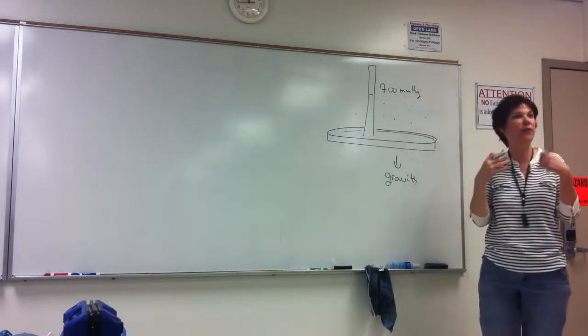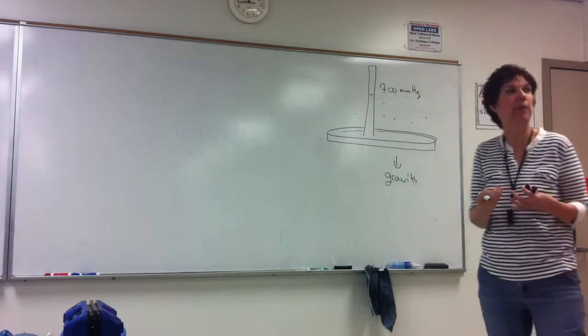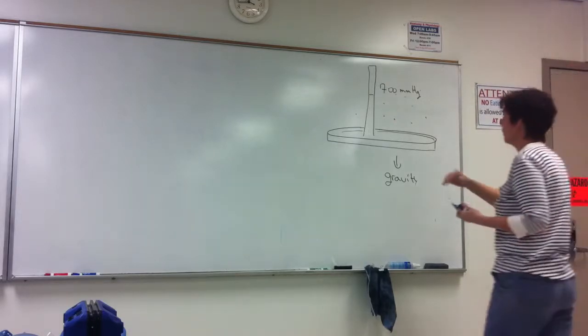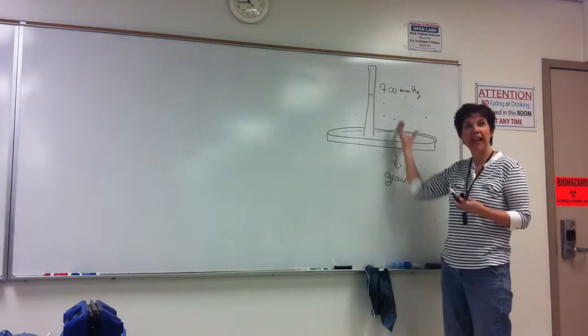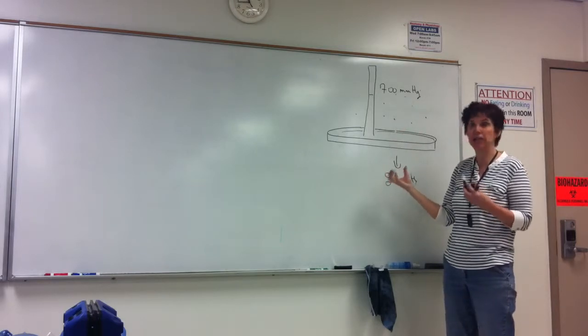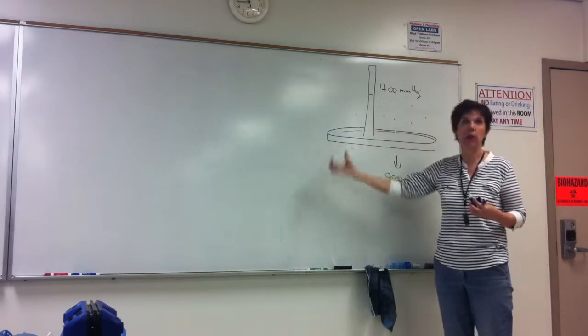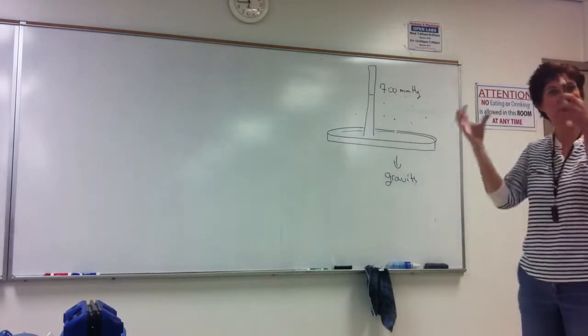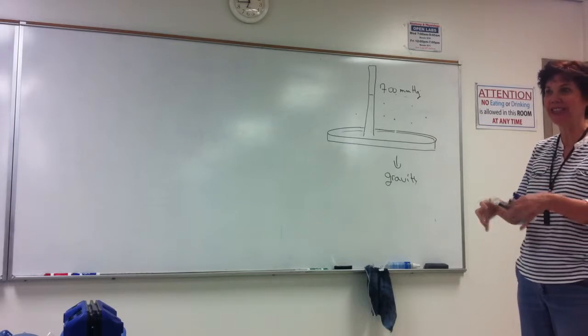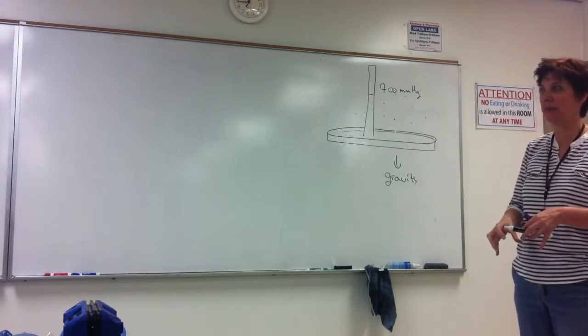So that helps give you a visualization of gas pressure. We're measuring the force created by the gravitational pull and the molecular mass of these gas particles when they push down on that mercury surface. So the more gas particles there are, the more force is created.